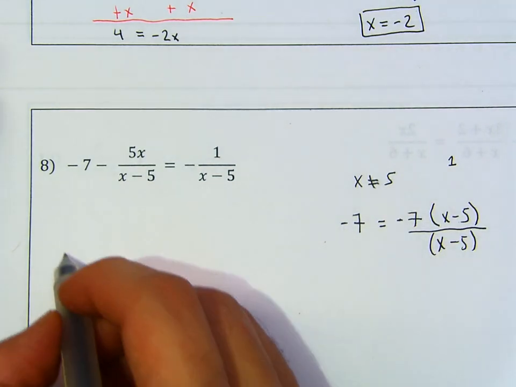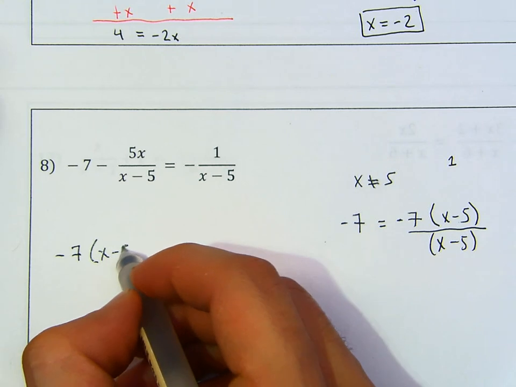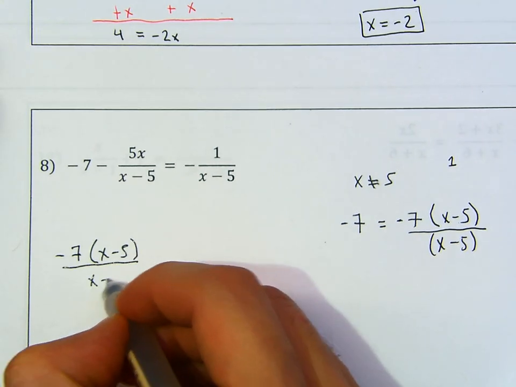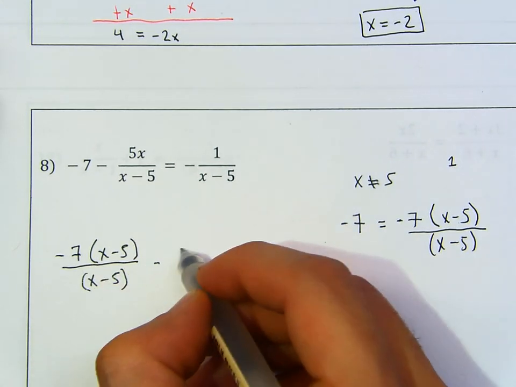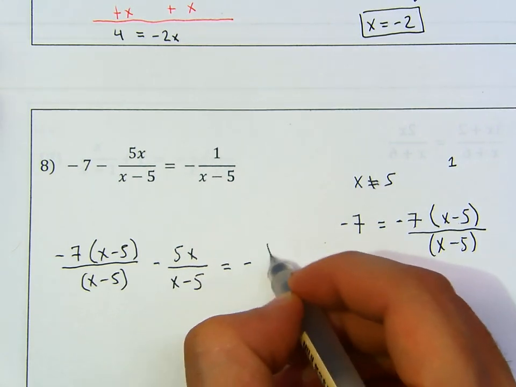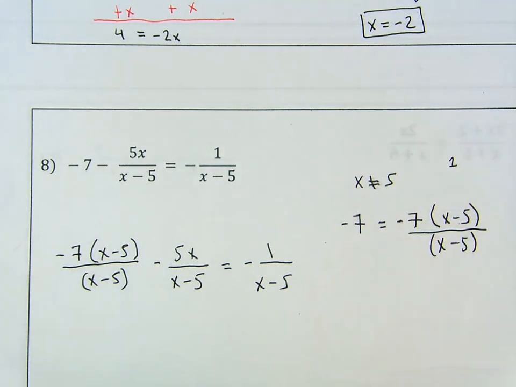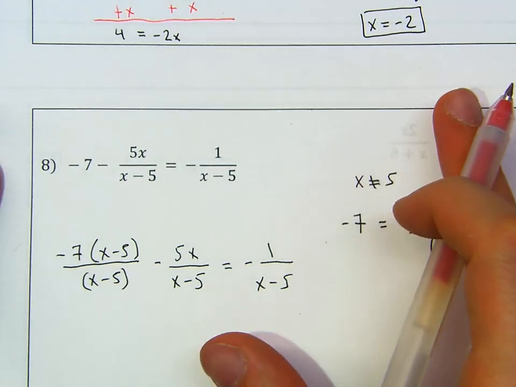So now here, the way you change it is -7 times x minus 5 over x minus 5 minus 5x over x minus 5 equals -1 over x minus 5. Okay? Pause the video and try and solve it. Because of time, I'm going to go a little bit fast.